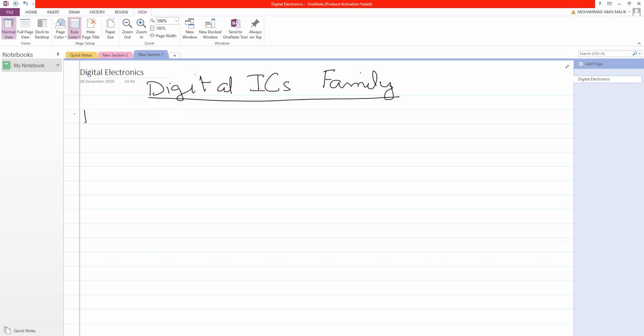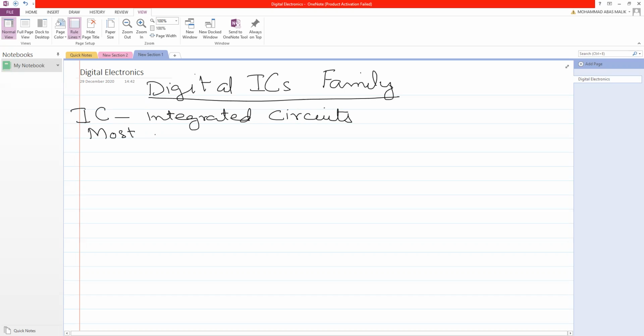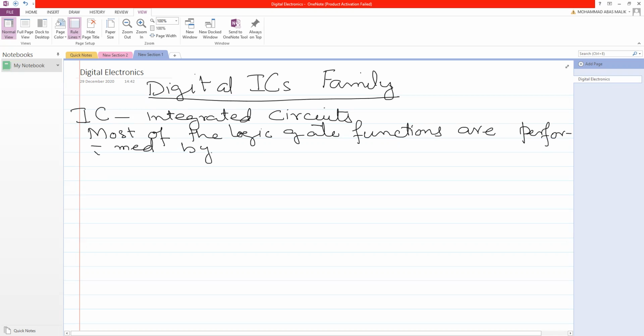IC full form is integrated circuit. Most of the logic gate functions are performed by ICs.